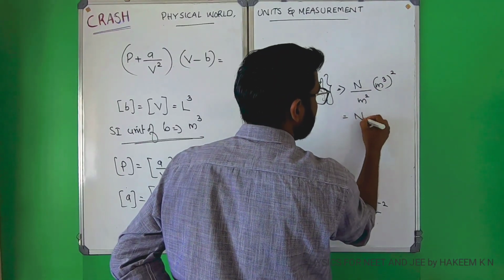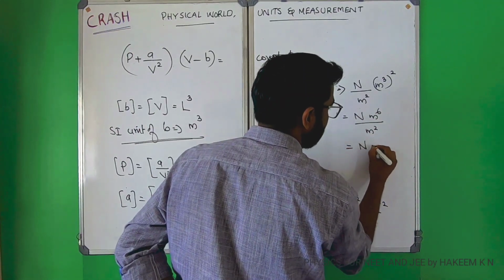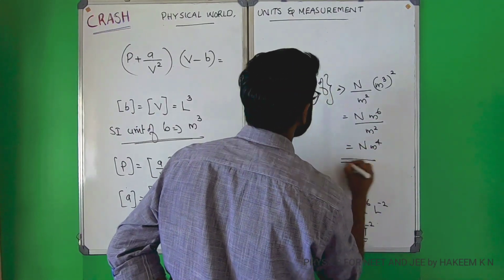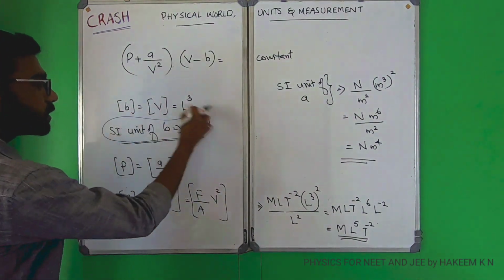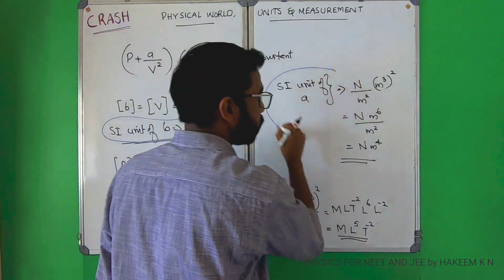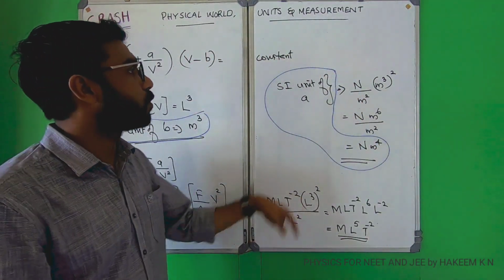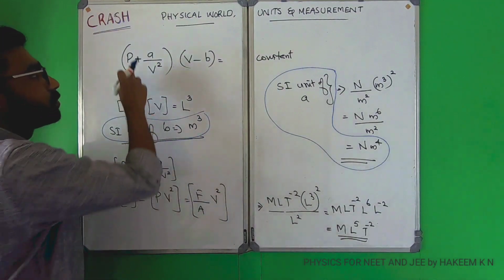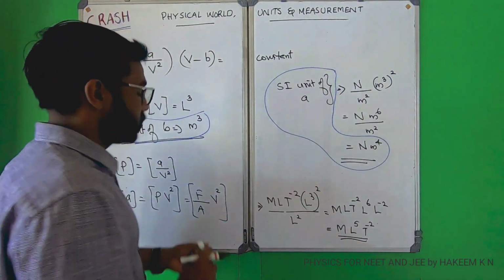So we will get Newton meter raised to 6 by meter square, that is Newton meter power 4. That is the SI unit of A. So we can say the SI unit of B is meter cube and the SI unit of A is Newton meter power 4. Unit and dimension of van der Waals constant we can find using the principle of homogeneity.